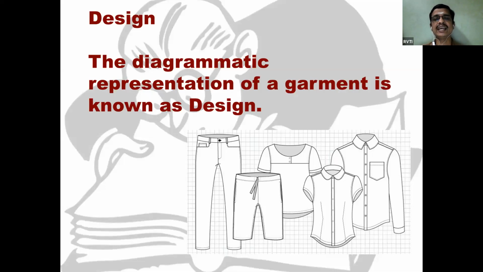So this diagrammatic representation of a garment is known as design. For each and everything, whether it is mass production or practical classes, first we have to follow some steps. Suppose I'm going to teach a shirt, first I have to draw the design.